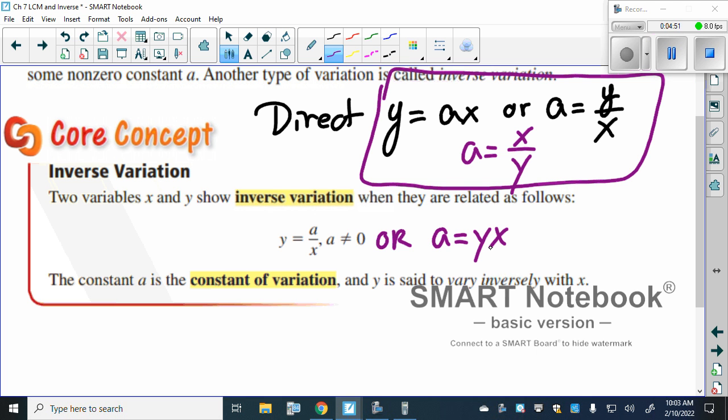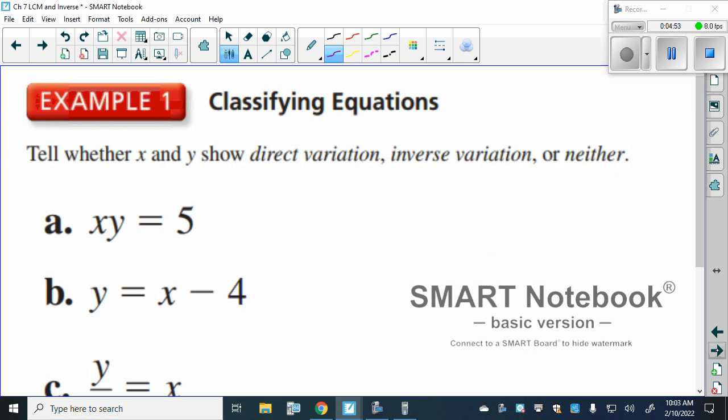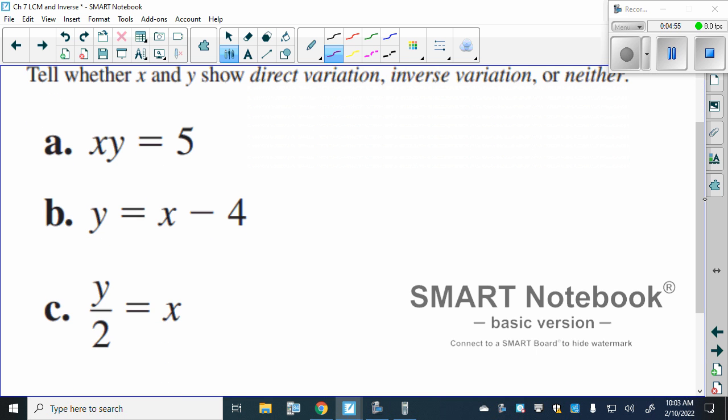So, what we're doing first is trying to determine whether it is direct or inverse variation, or neither.